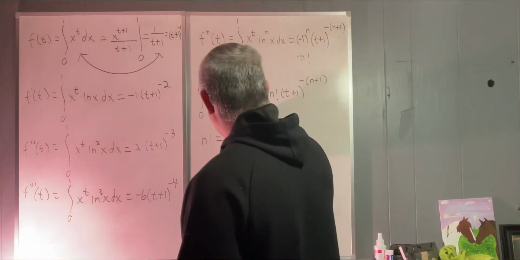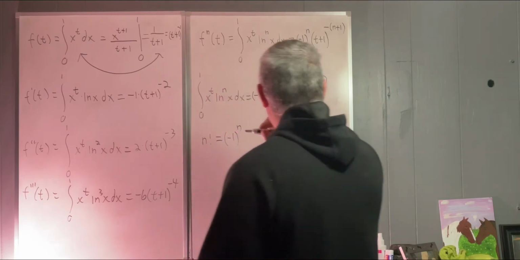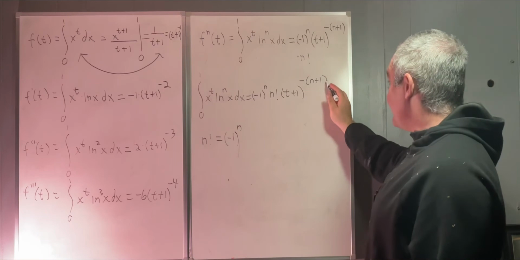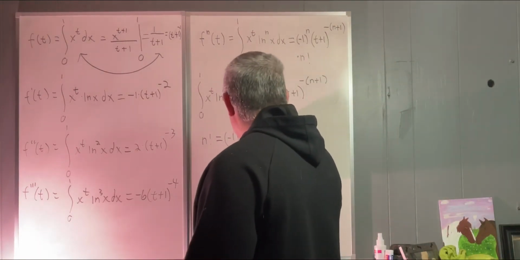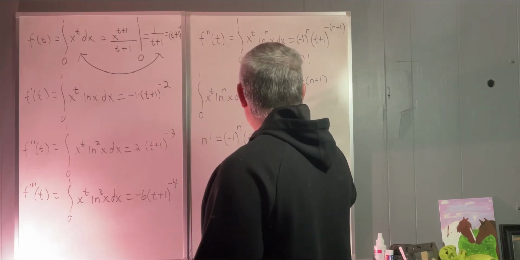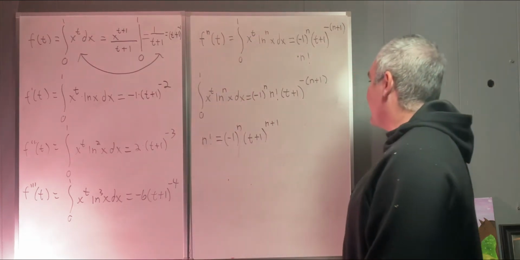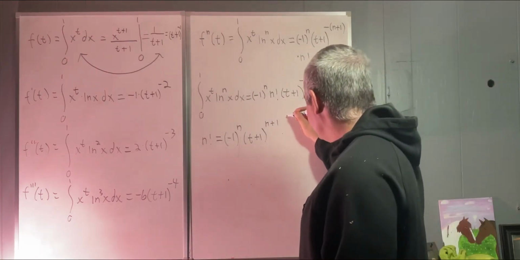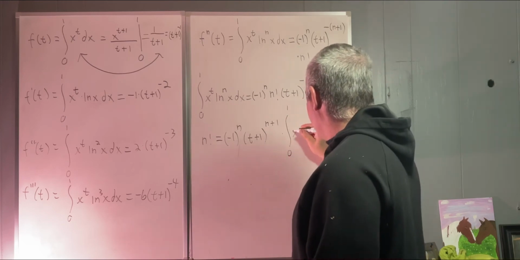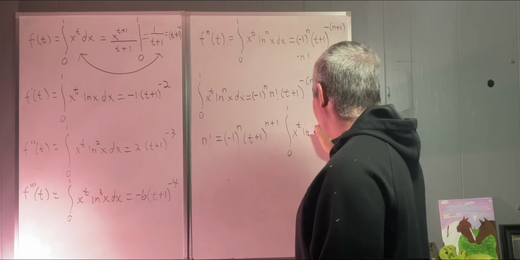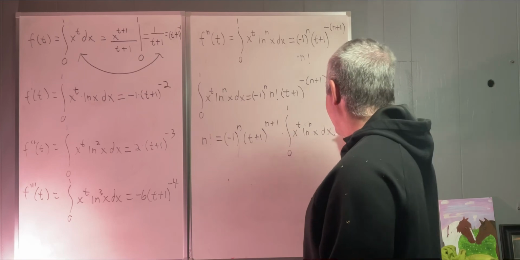So we're still going to be left with -1 to the n. What does this become? Well, you take its reciprocal, it just gets rid of that negative sign. So this is just going to be t plus 1 to the n plus 1 power. And what do we have left? Of course, we have the integral from 0 to 1 of x to the t natural log to the n of x dx.